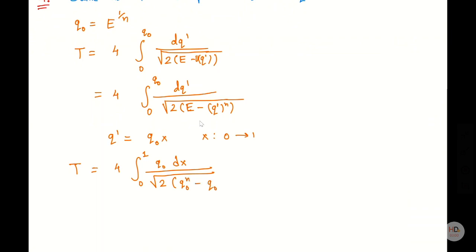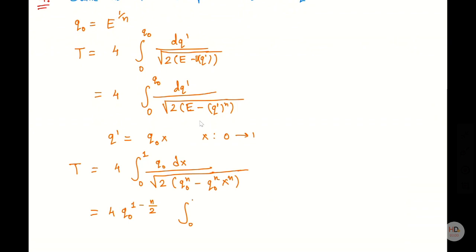I'm rushing it because we have already done that. Now we can take out q0, so it's 4 q0 in the numerator, and from the denominator we have n by 2, because we have the square root also.